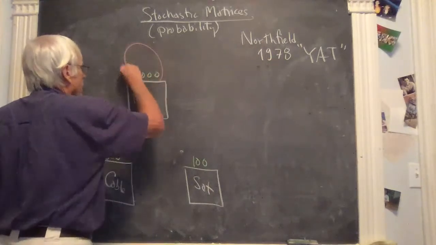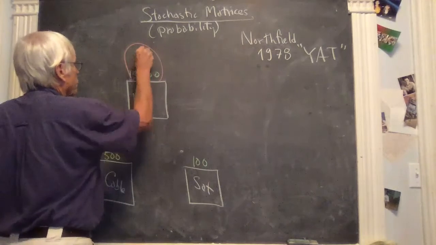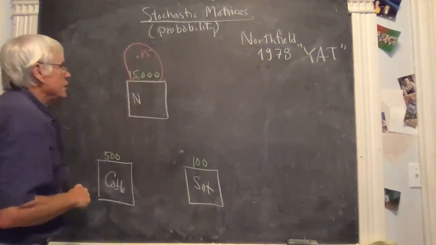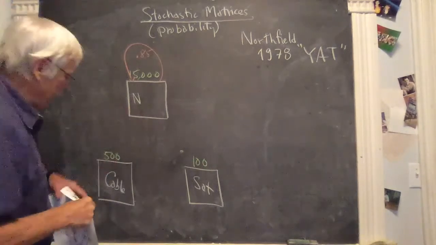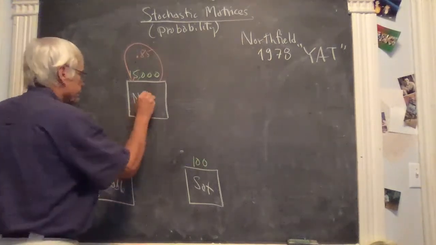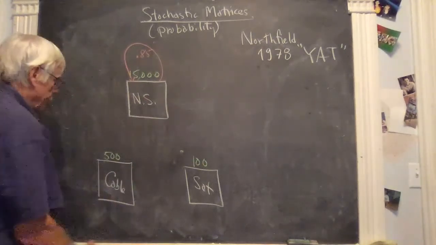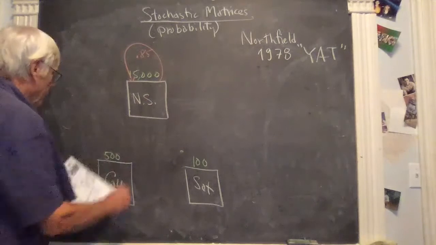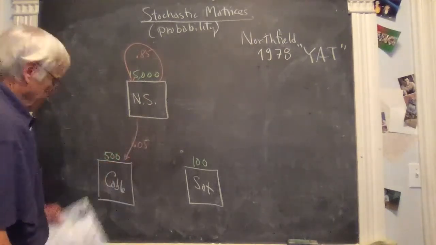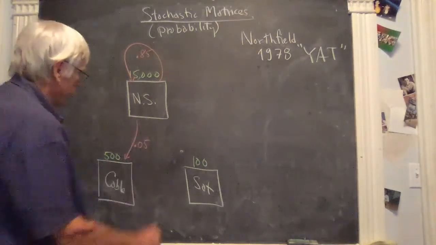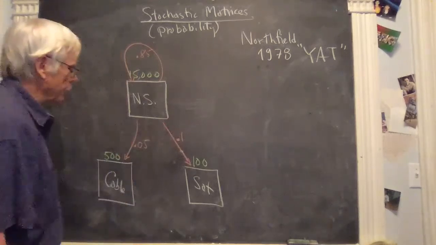About 85% of the people that were in the nothing special category did not change. But the other 15% did change, and 5% of them took cable, and 10% of them became satellite users.